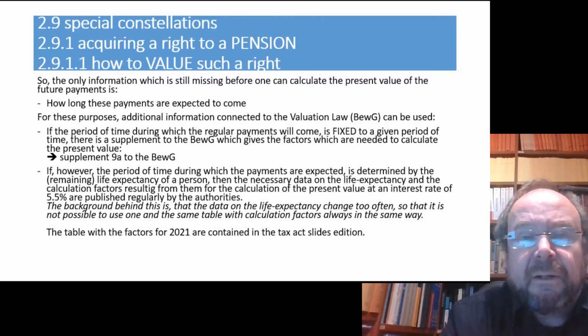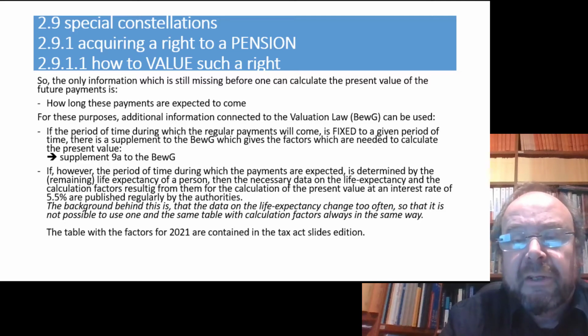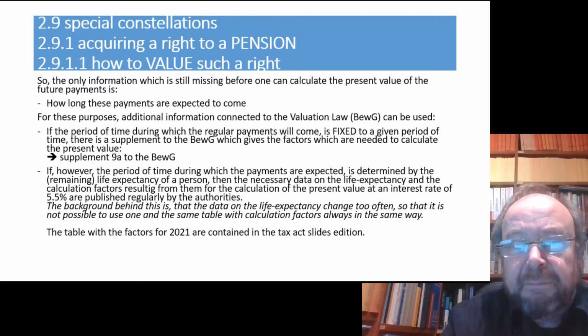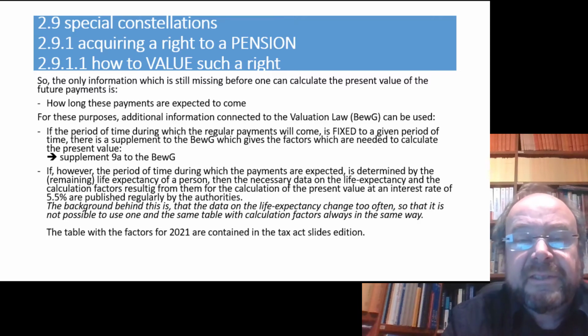Now, there are also lifelong pensions or lifelong payments to which you are entitled or to which you are obliged. You also have to value these things. Well, and in that case, the duration, how long such a pension will be paid or received, depends on the statistical life expectancy of the person who is entitled to receive that. Well, so the problem is the life expectancy changes over time. There are always new statistics.